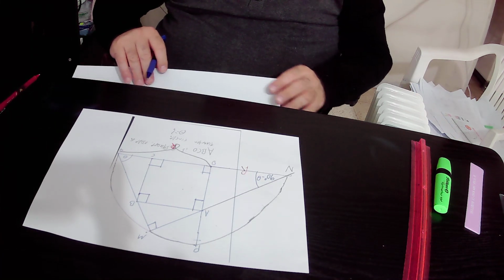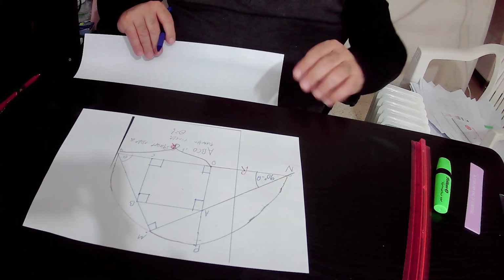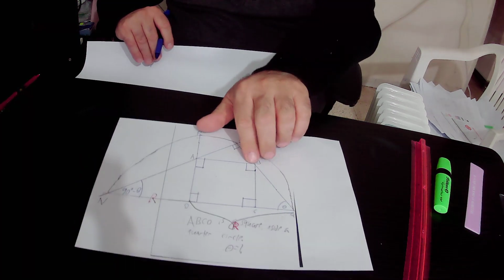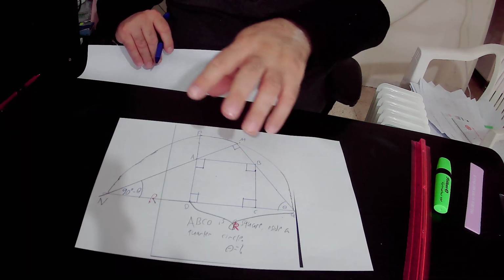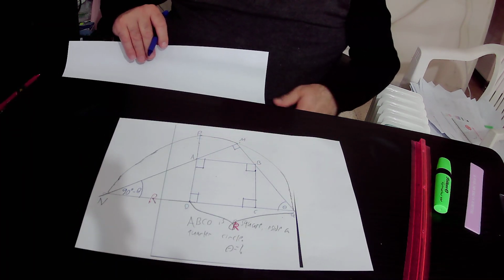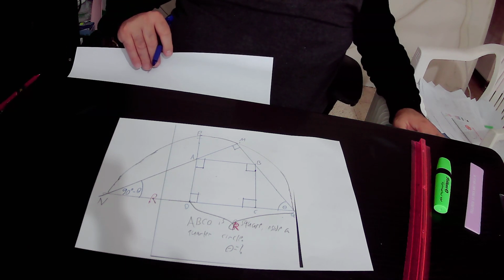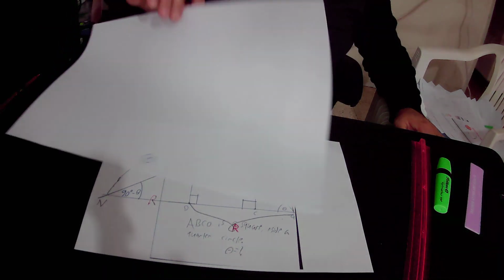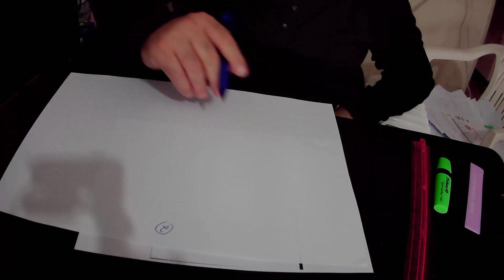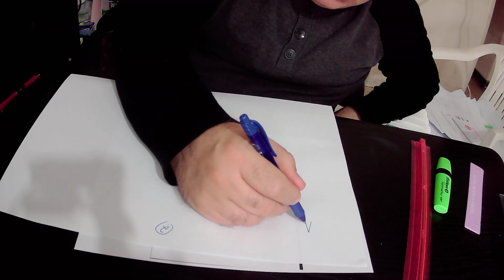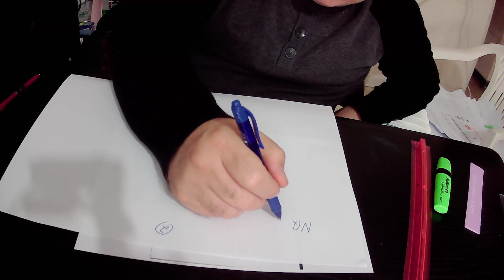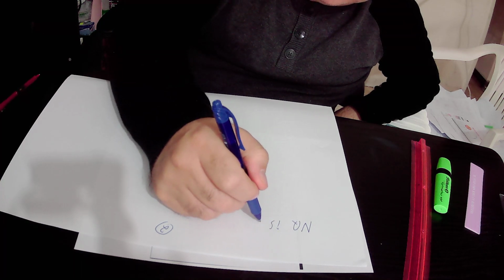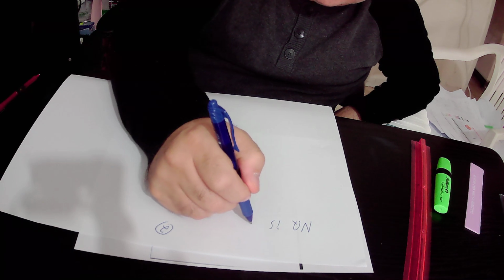And because of the fact that NQ is the diameter of this semicircle, NQ must be a straight line because it is a diameter. So I'm going to write that down, that NQ is a straight line.